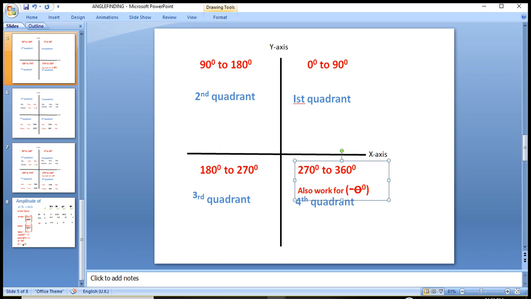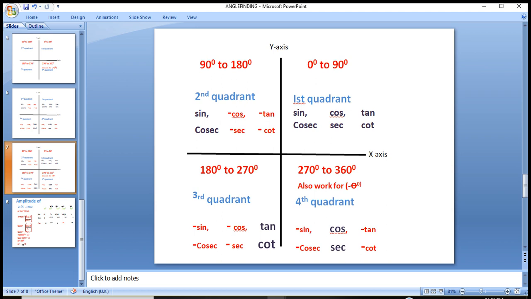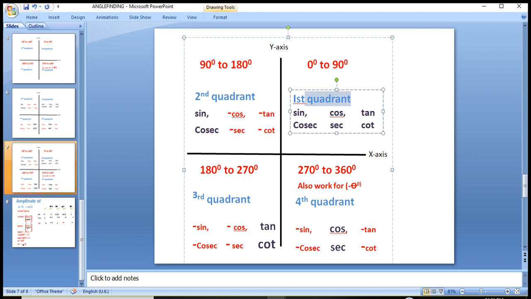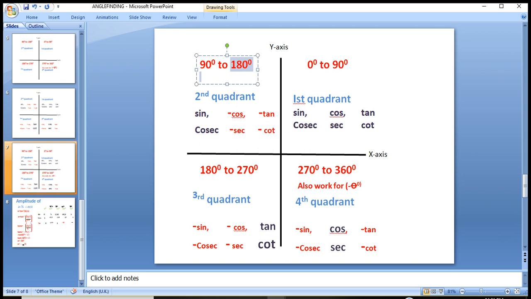In the first quadrant, sine, cos, tan, cosecant, secant, cot, all are positive. In the second quadrant, only sine and cosecant are positive, other values are with minus sign. In the third quadrant, tan and cot are positive. And in the fourth quadrant, cos and secant are positive.